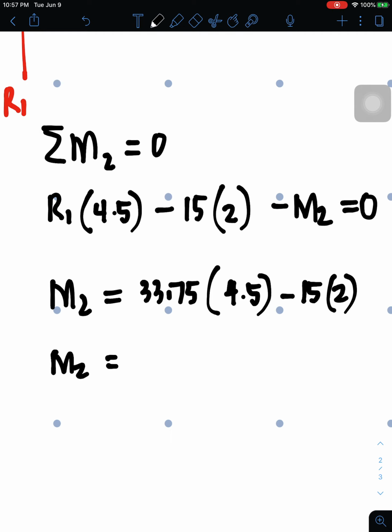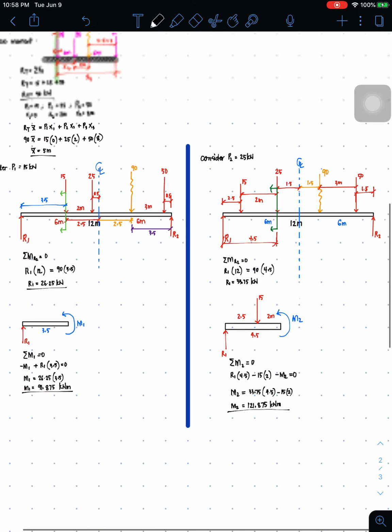So that's 33.75 times 4.5 minus 15 times 2. It's 121.875. This is in kilonewtons. It's not writing again. And this is our answer, but not the final answer yet.